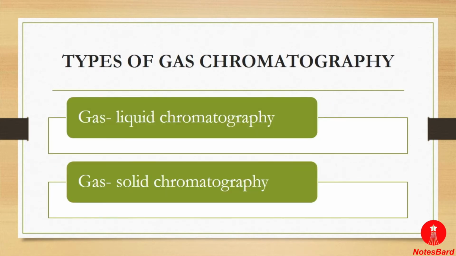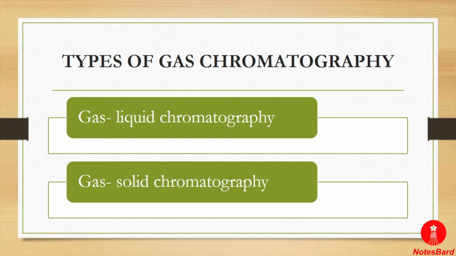Now there are two types of gas chromatography. Depending on the stationary phase used for the analytical technique, this method is categorized into two types: gas liquid chromatography and gas solid chromatography.